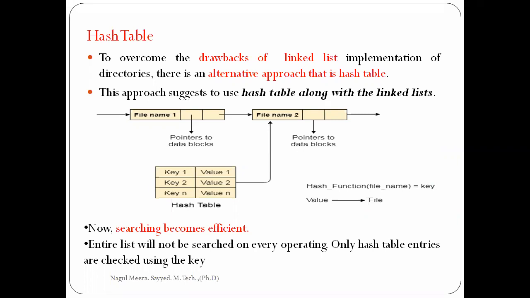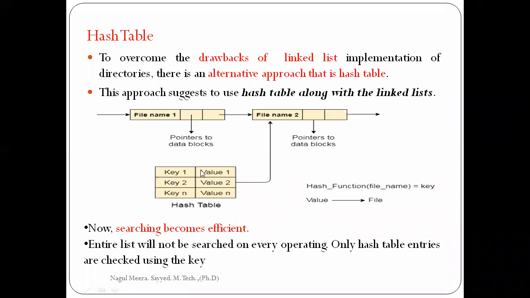Now, what is the advantage here? The main advantage of this hash table directory implementation is that searching becomes efficient. Why is searching very easy with the help of the hash table?